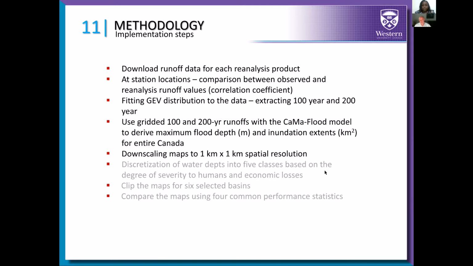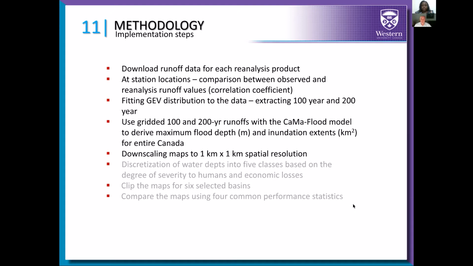In gray, you see the additional steps that we performed to validate. We took the maps from Canada and clipped them for the 6 selected basins, and then we did the comparison between the detailed floodplain maps there and the model outputs.